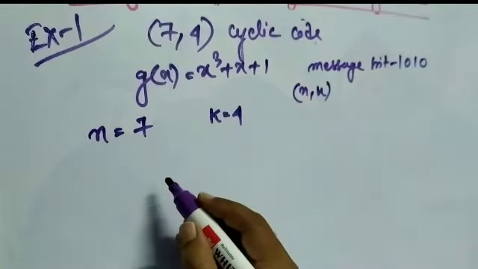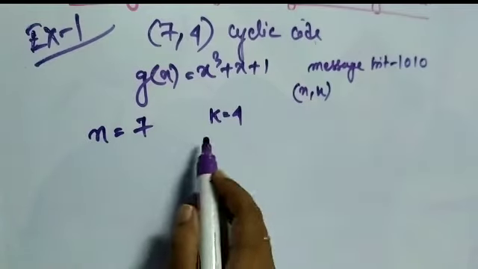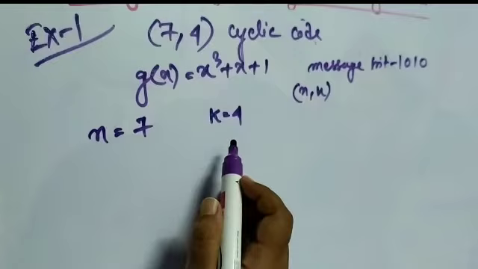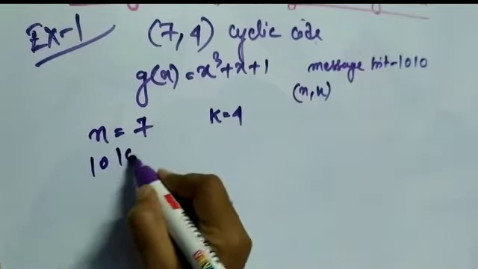So I can make out that n equals 7 and k equals 4. The message bit is also given to you, that is 1 0 1 0.